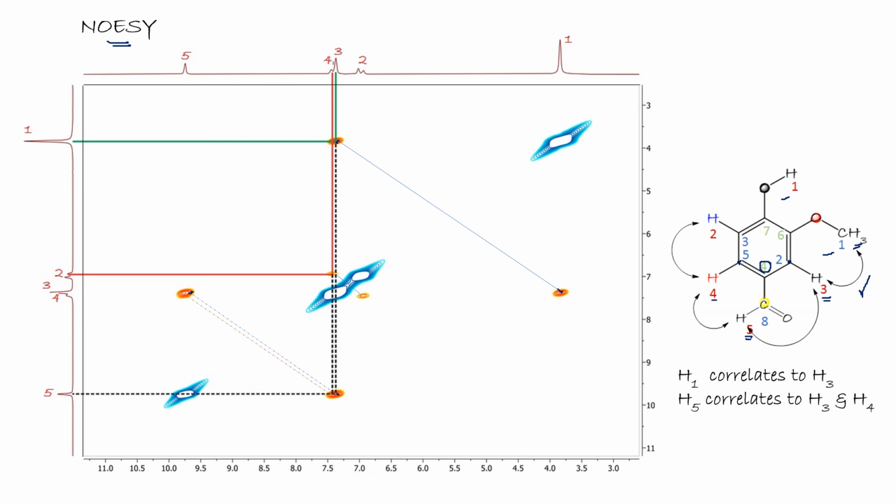Also CHO to H5, the 4 and 5 connection. So we now know that this part is correct, and the upper one is now correct because there is a correlation between CH3 protons and H3 in space. So this is the structure.